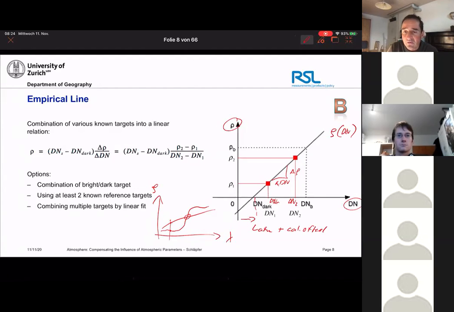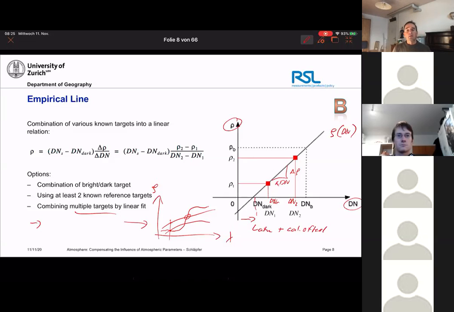And because you may not find such combinations, you should maybe rely on three or more targets. So you search for another target, maybe down here. If you have all these targets together, you need multiple targets to do a linear fit.